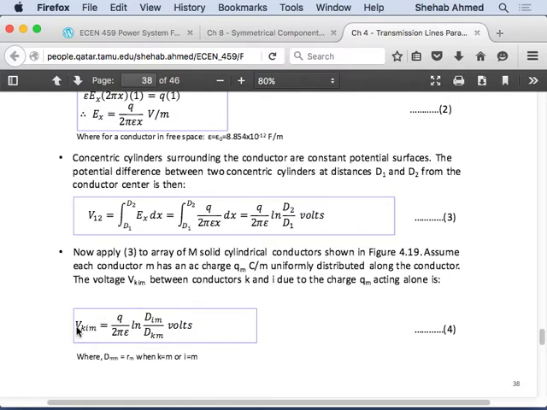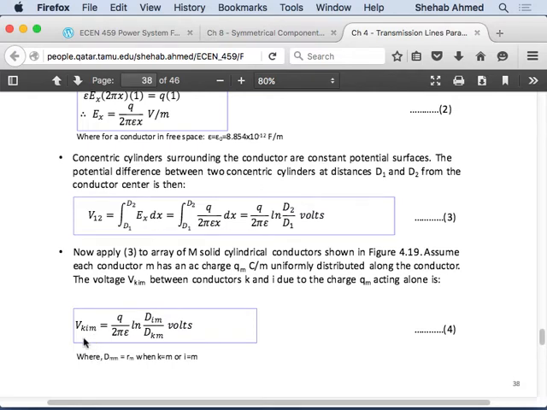So the voltage between conductor K and I due to conductor M carrying charge Q on it. So VKIM is the voltage between points K and I in space, or now we brought these 2 points to the surface of conductor K and the surface of conductor I, due to the charge on conductor M.